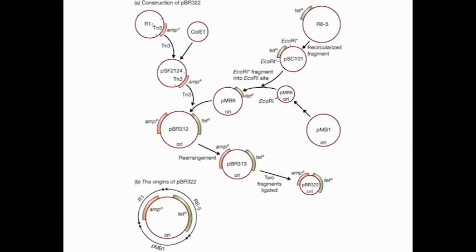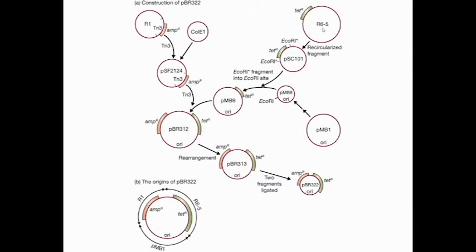And this is how they constructed pBR322, originally from different plasmids. From the R1 plasmid, they extracted the ampicillin resistance gene and introduced it into the ColE1 plasmid, creating the pSF2124 plasmid vector.